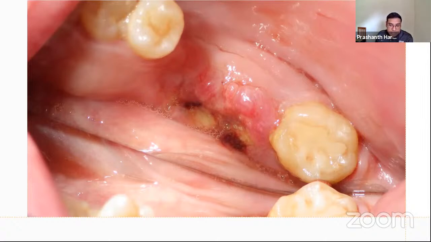This is a patient who's actually been diagnosed with osteoporosis as a medical condition too, and she was taking medications such as bisphosphonates for her osteoporosis. The dentist had probably overlooked or not been prepared to get more information about that particular condition, and the patient eventually developed some post-operative infection.